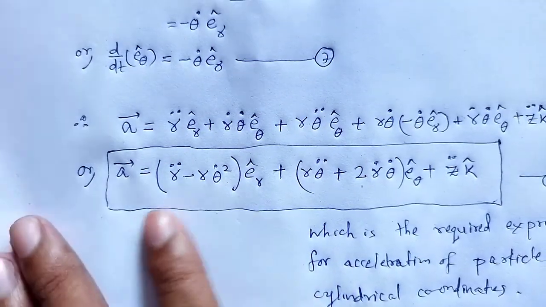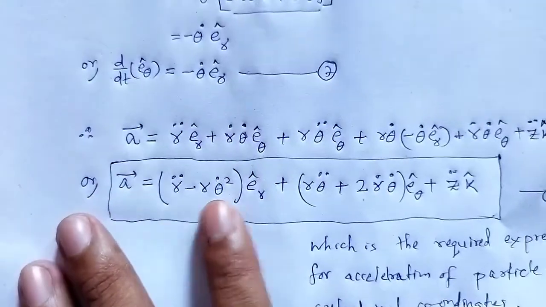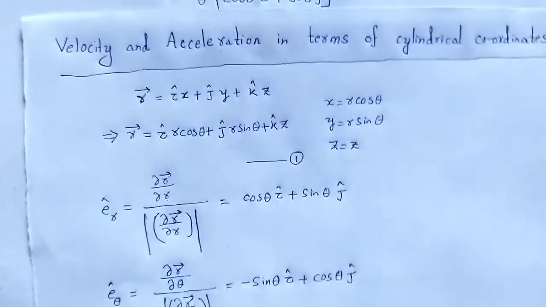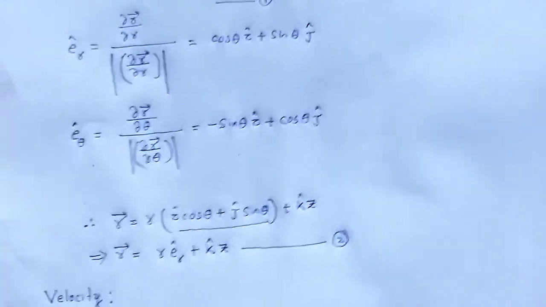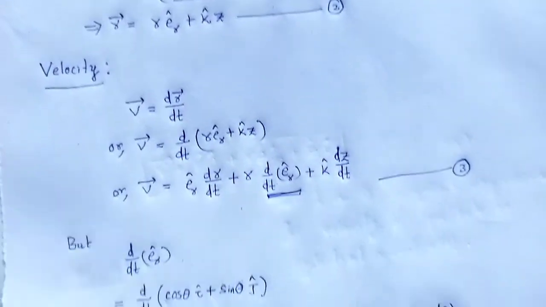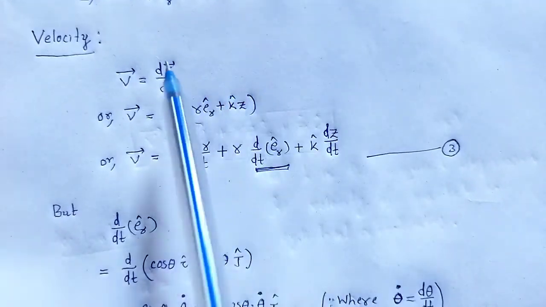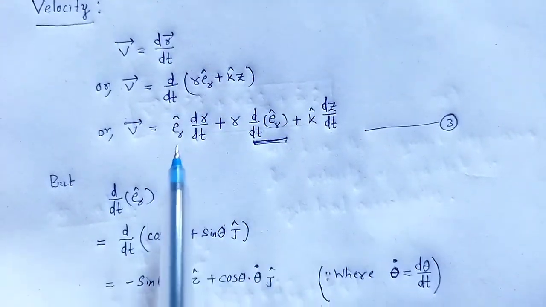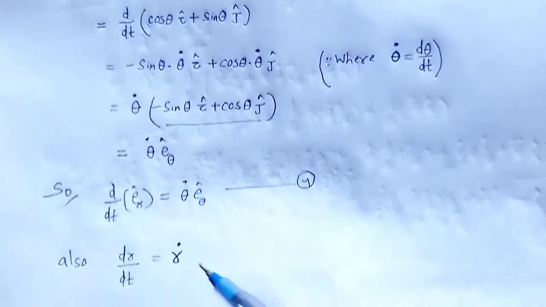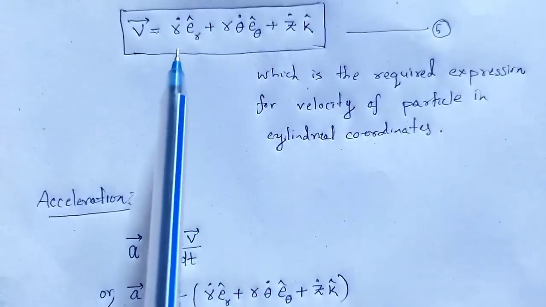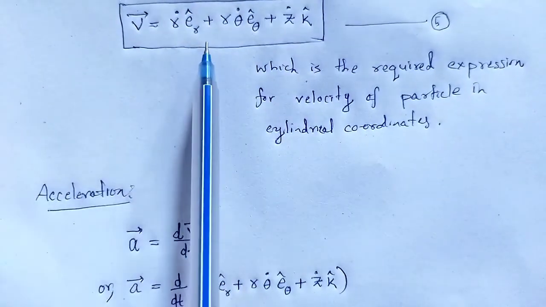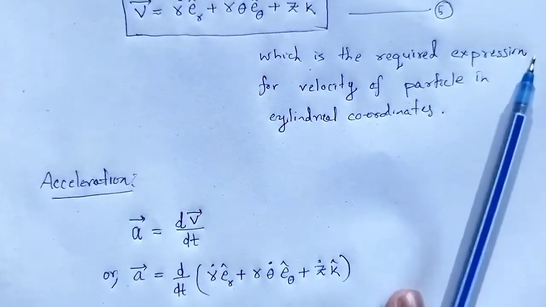So with the help of this video lecture, we discussed the concept of velocity and acceleration in terms of cylindrical coordinates. By using the position vector, we first derived the velocity, that is the rate of change of displacement, or the position. Then we got the required expression for velocity in terms of cylindrical coordinates.